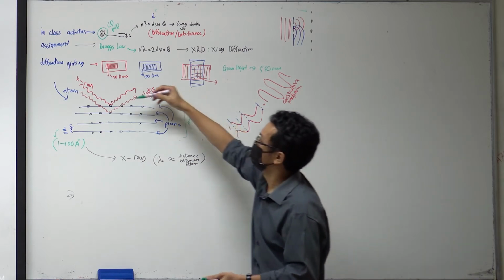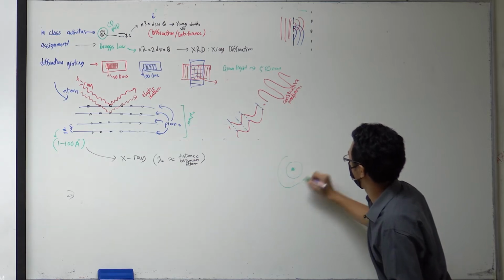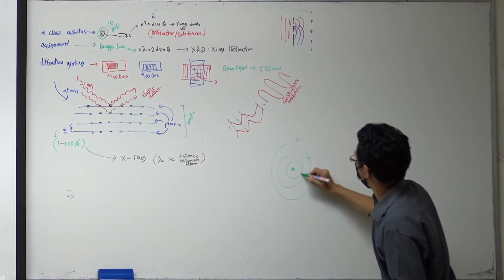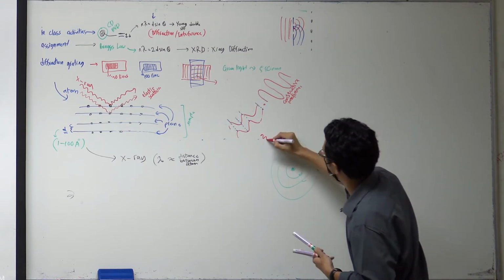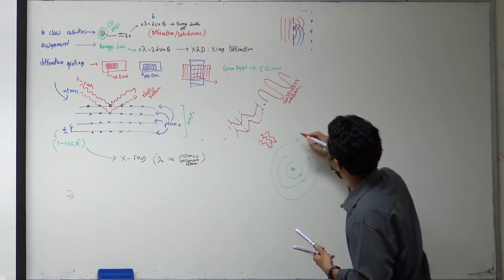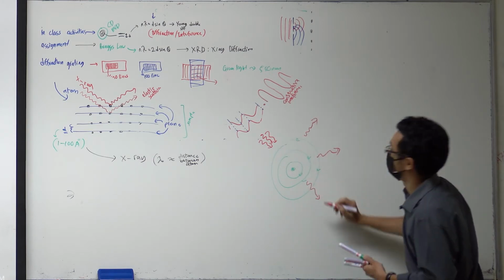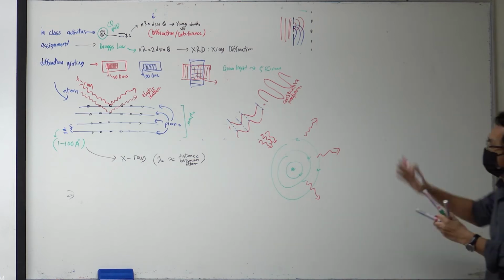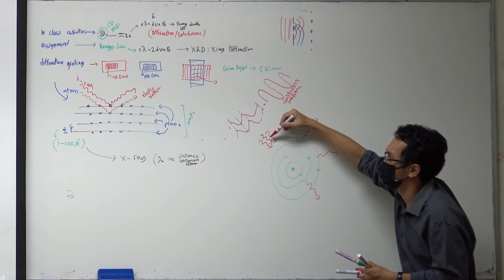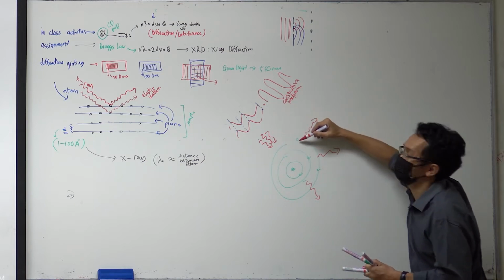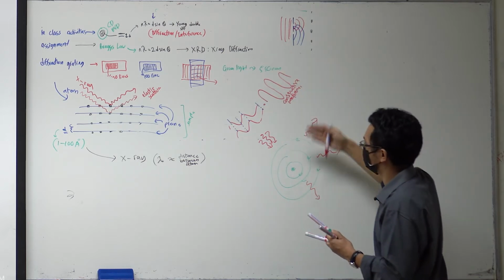We call this scattering. Imagine you have an atom with electrons, and the X-ray coming in. This electron will scatter the X-ray here, this one here, and this one here. Why does it scatter? Because the X-ray is not enough to excite the electron, meaning to repel it outside or move it to another energy level.